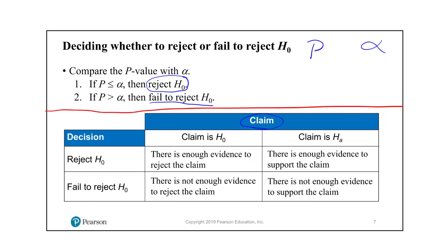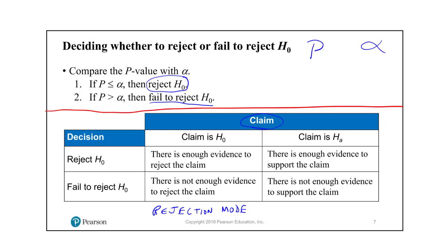So if the claim is the null hypothesis, then I like to think you're in a rejection mode. Meaning that related to the claim, what we're trying to do here is make a statement about the claim. The only thing I can do in this situation is either reject the claim or not have enough evidence to reject the claim.